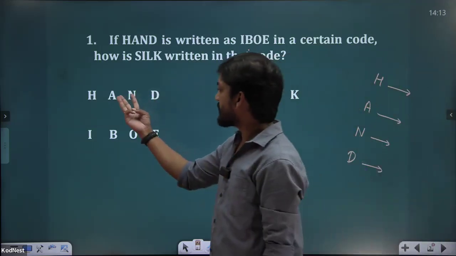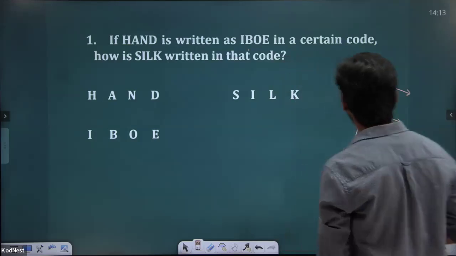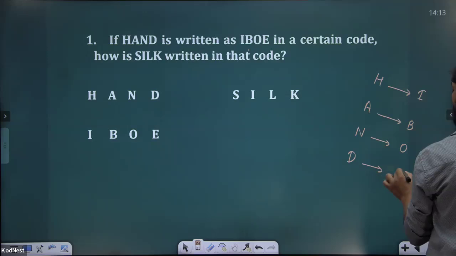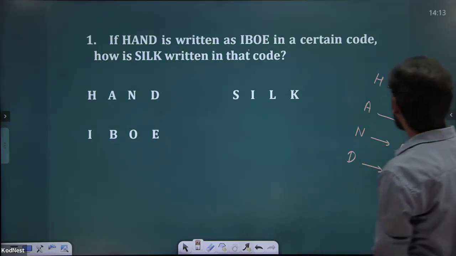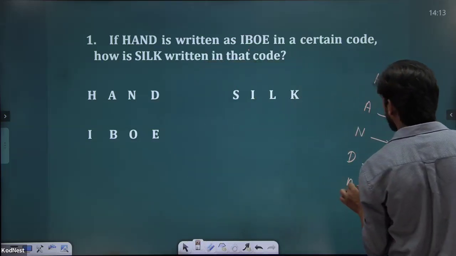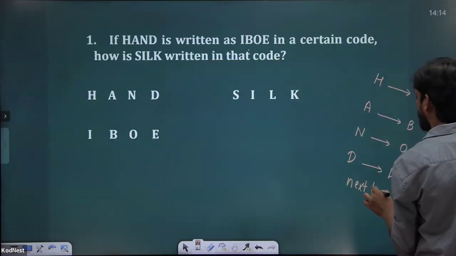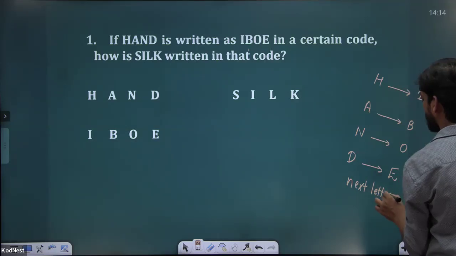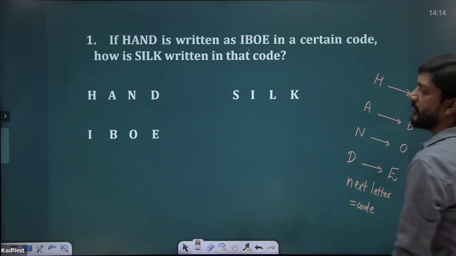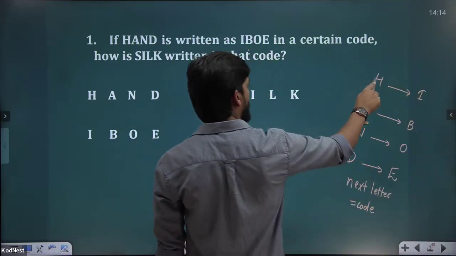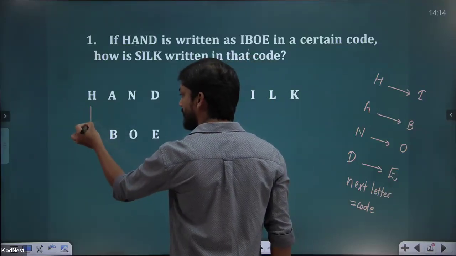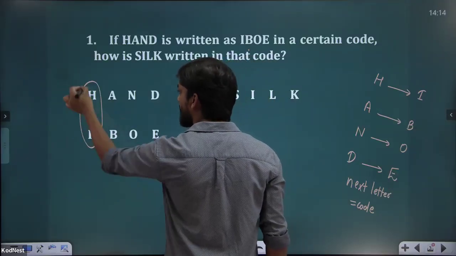These four letters, their codes I'm telling you, are I, B, O and E. So every letter's code is the next letter. Now carefully see. The code of H is I. Where is the code of H written? At the same place.